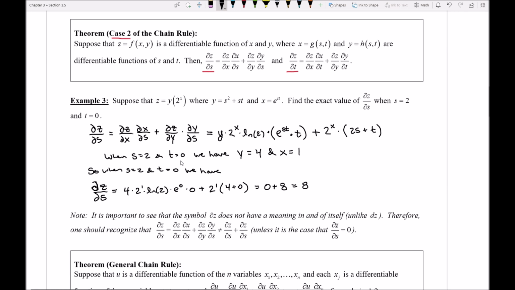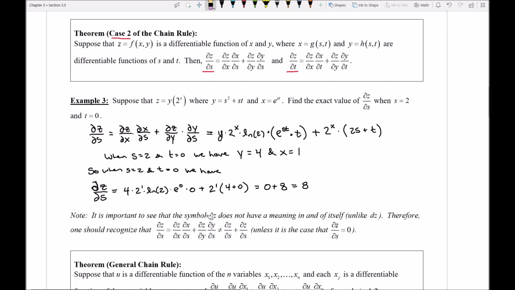The last thing that we want to make note of here is that it's important to recognize that these partial derivative symbols like dz or dy or dx, those partial z, y, and x, don't really have any meaning in and of themselves, which was very different than dx's, dy's, and dz's, things that we're very familiar with showing up in, say, integrals, specifically u substitutions. We thought of those items as kind of individual components that could be moved around.